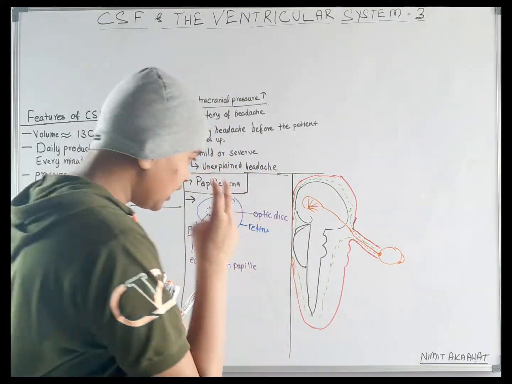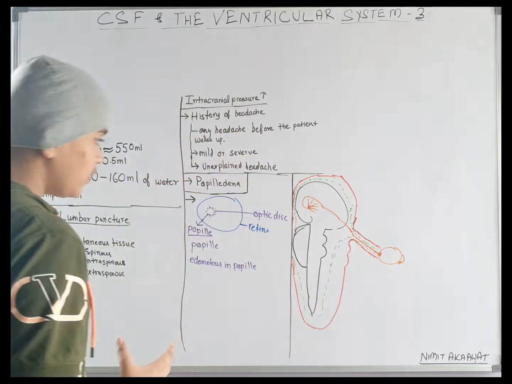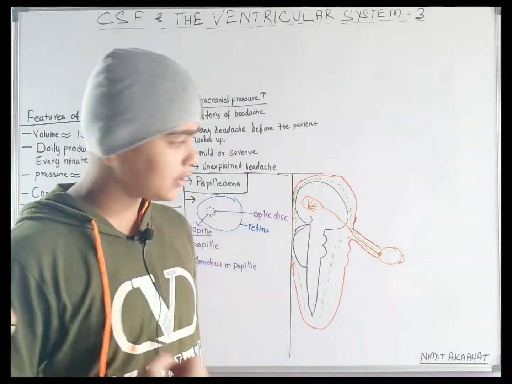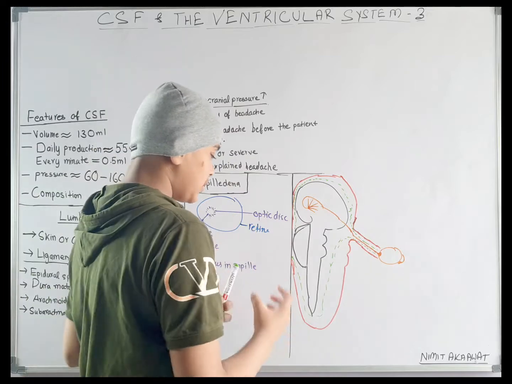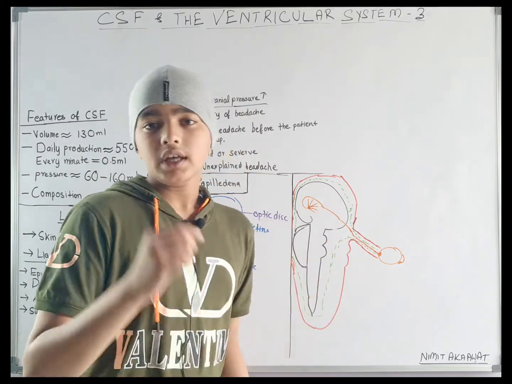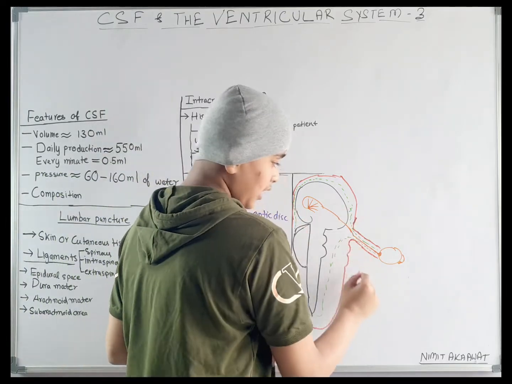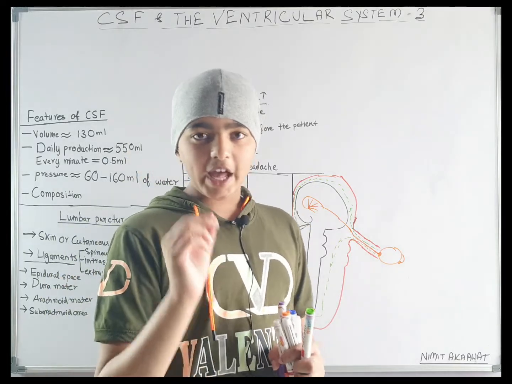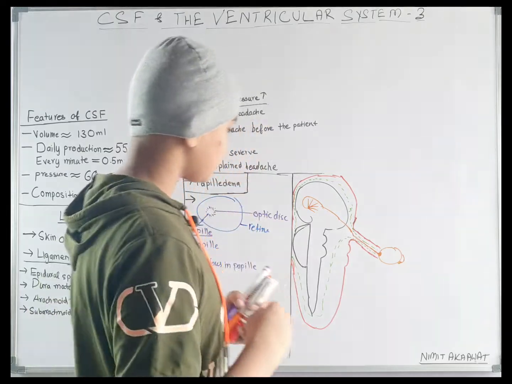Because the three layers of meninges are covering our optic nerve, and all the central nervous system tracts are covered by these three layers of meninges including CSF, that is why the optic nerve should not be considered as a nerve. The optic nerve should be considered as a central nervous system tract.